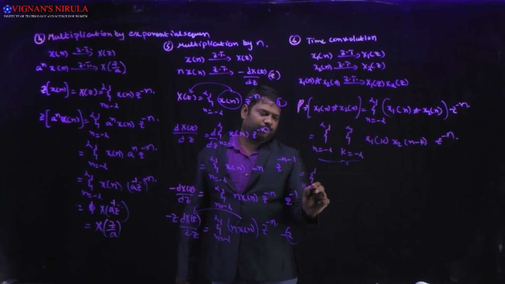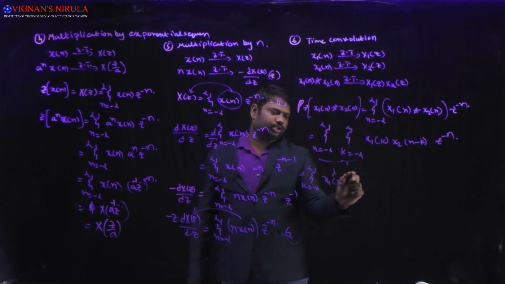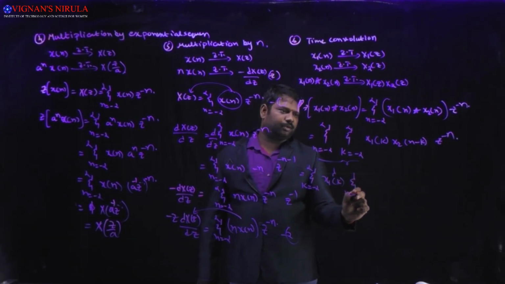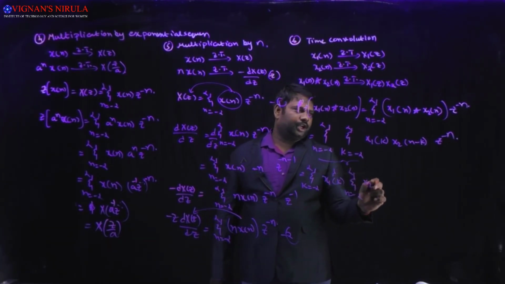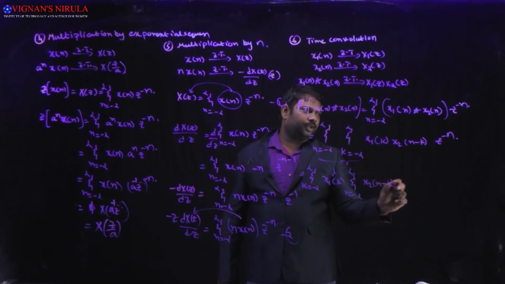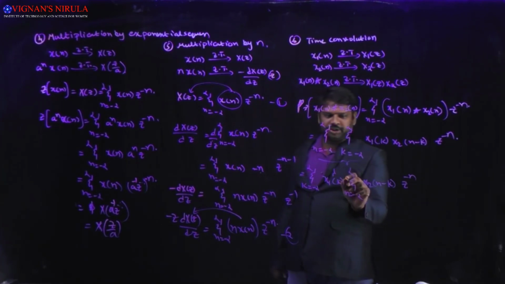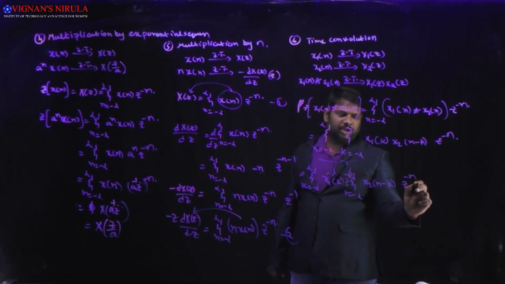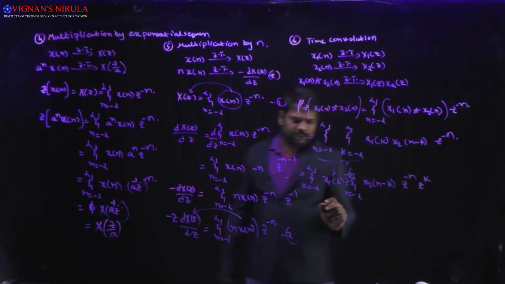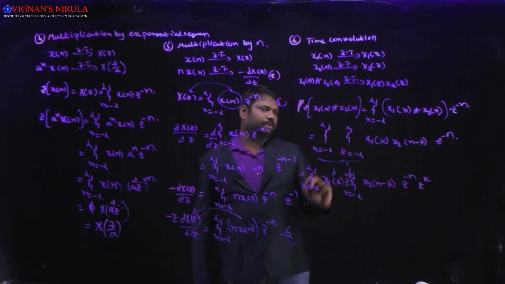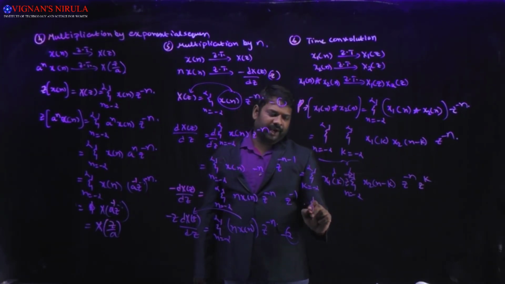Summation k varies from minus infinity to infinity, x1 of k kept outside, and the summation n varies from minus infinity to infinity x2 of n minus k, z power minus n, into z power minus k and z power k. Adding z power k and z power minus k gives one, that's why we are adding it.